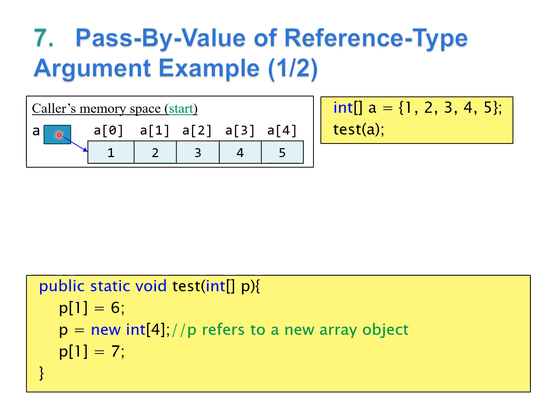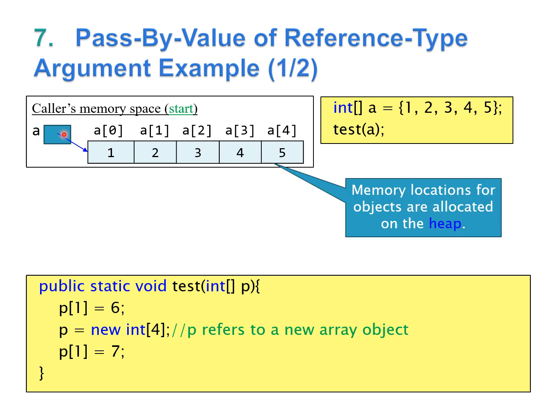Note that the memory space of a method includes its activation record on the stack and the space on the heap where the memory for objects are allocated.